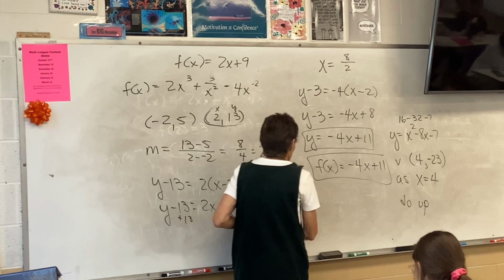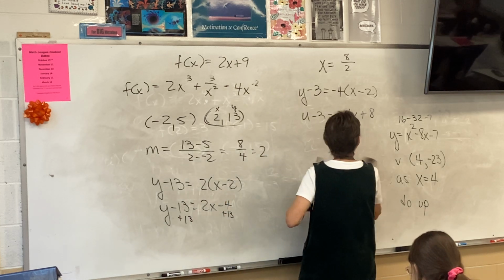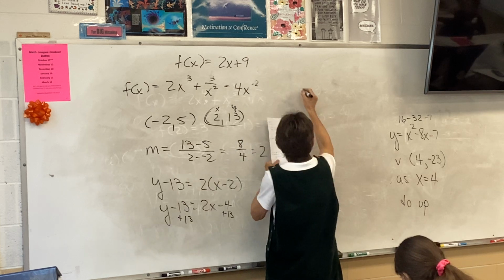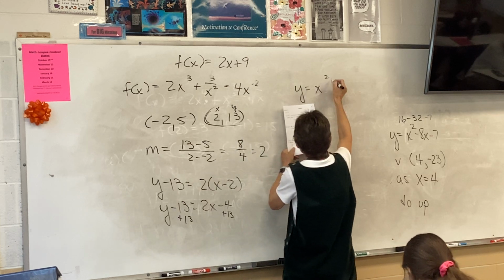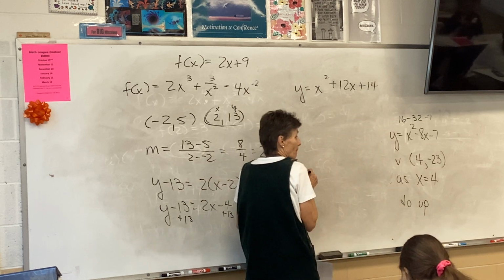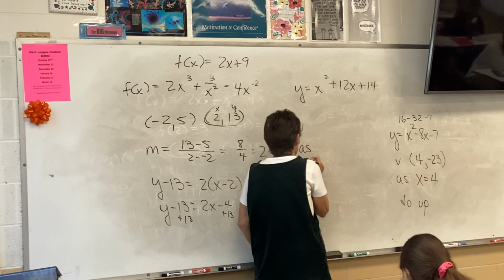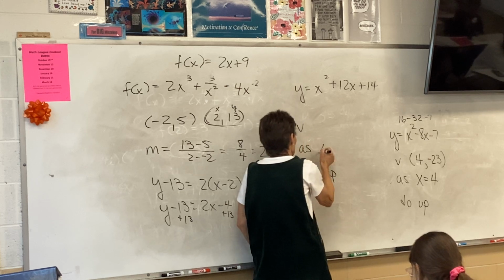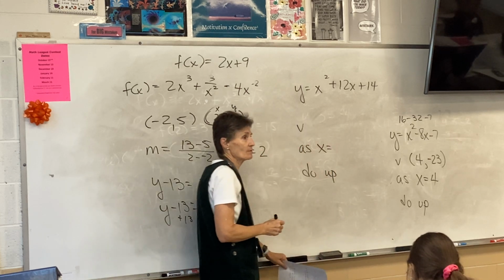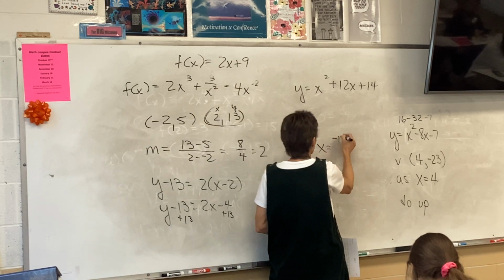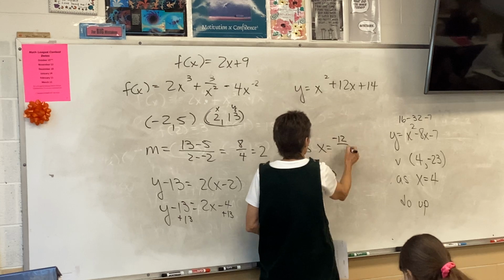And finally, we're going to find our vertex and stuff. This time, our equation is x squared plus 12x plus 14. Which way do I open? Up. How do I find my axis of symmetry? Negative b over 2a.